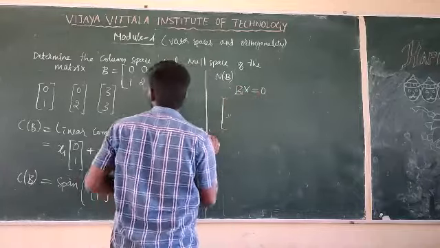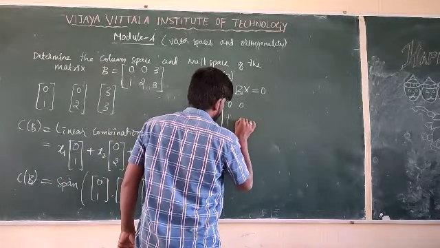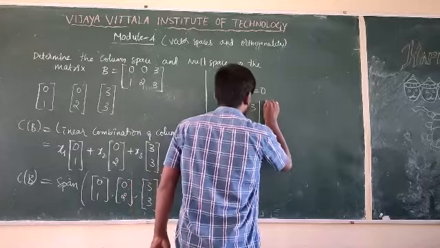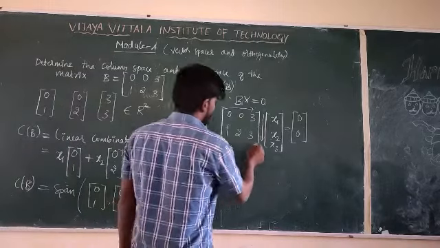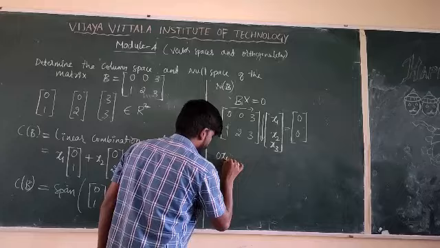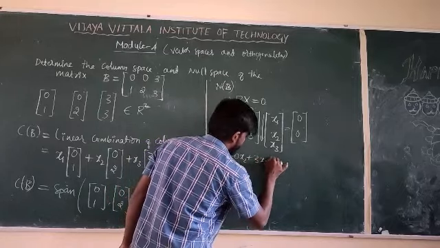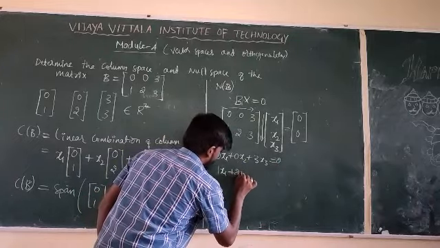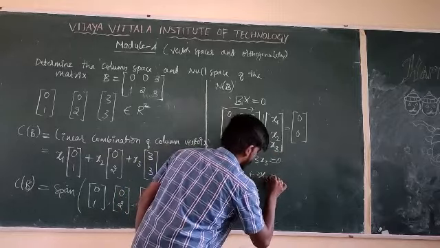Here B is 0, 0, 3 and 1, 2, 3, and x is x1, x2, x3. Multiply these two matrices, we get 0x1 plus 0x2 plus 3x3 equals 0, and 1x1 plus 2x2 plus 3x3 equals 0.